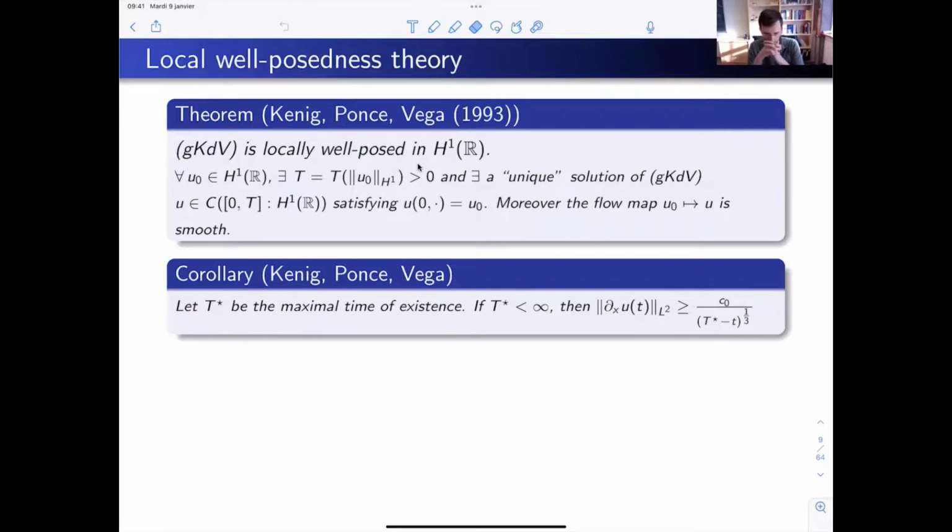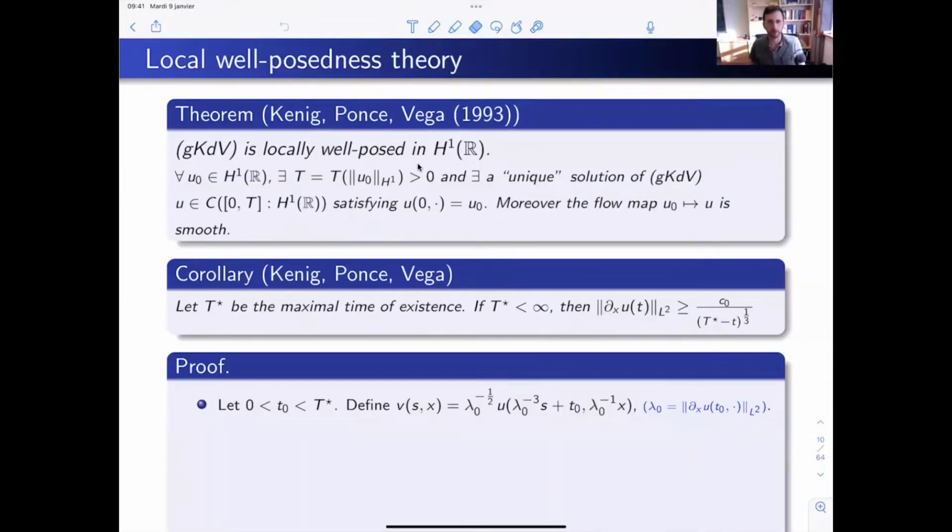And so a corollary, which is also due to Koenig, Pons, and Vega, is that if the maximal time of existence is finite, then the L2 norm of the derivative of the solution blows up, with a blow-up rate, as we say, which is larger than 1 over (t star minus t) to the 1/3. Let me try to explain this because it's not difficult. It's really a consequence of the local theory.